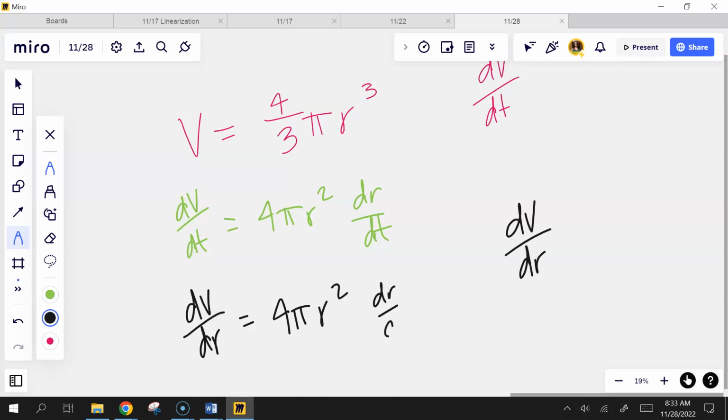I could do this, but really that's the same thing as just 4 pi r squared. Do y'all see what we're doing? Does that make sense? No?